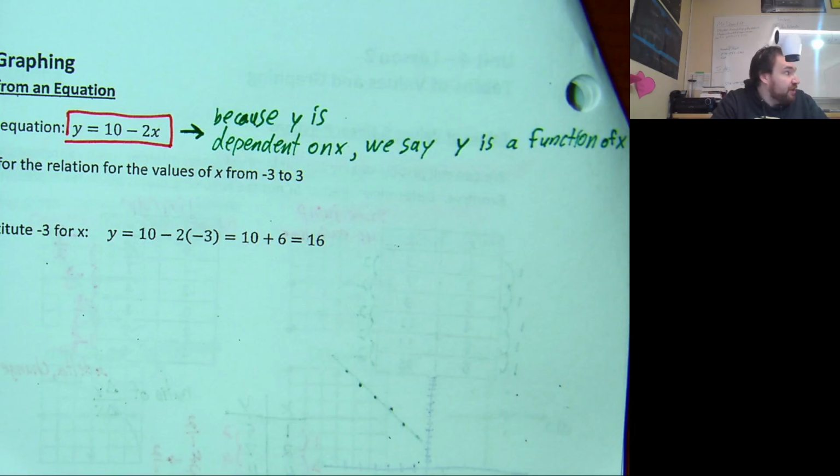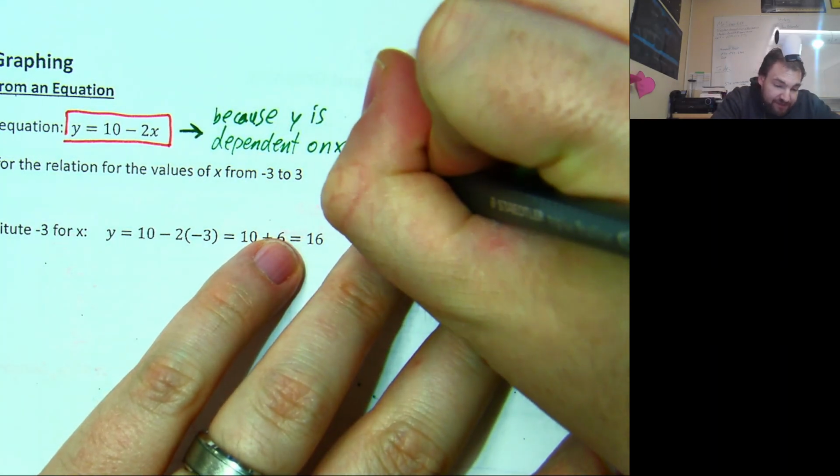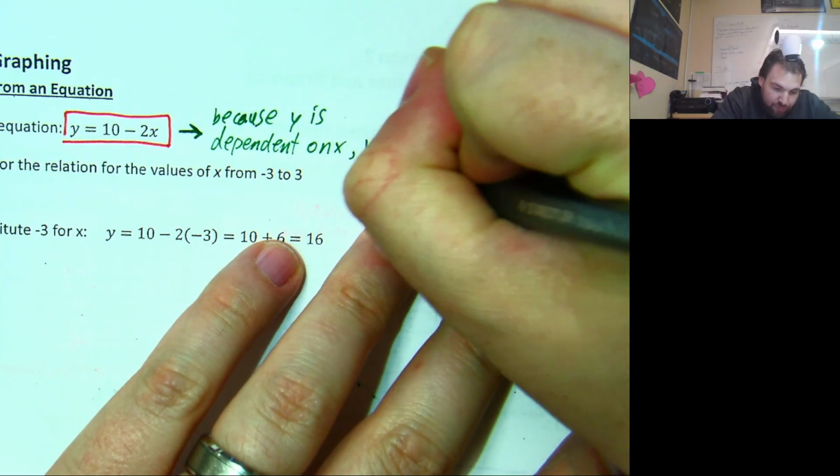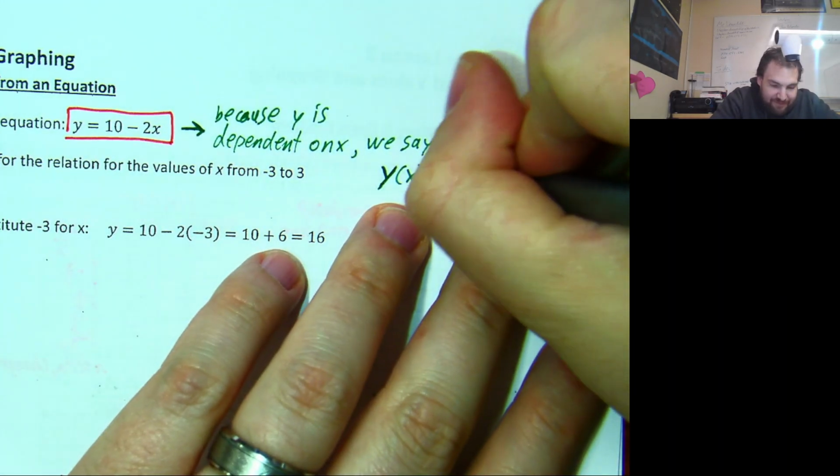And there is notation that goes along with this idea of what makes a function. Okay? So if y is a function of x, we can write it like this. Now, this is not multiplication.